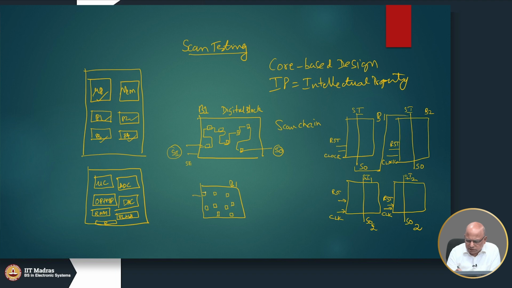So, sometimes it may make sense to have one scan chain like this and maybe another scan chain like this. So, the block B1 may look like this. There are two scan chains. And the same is true for block B2.